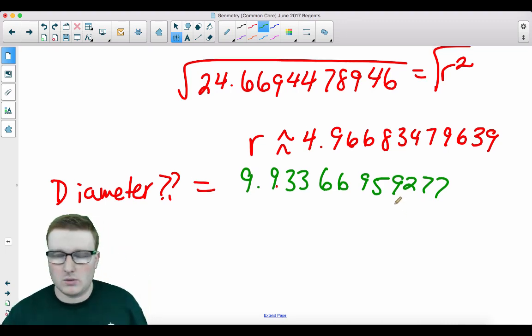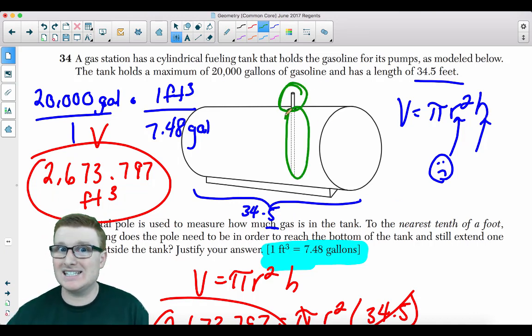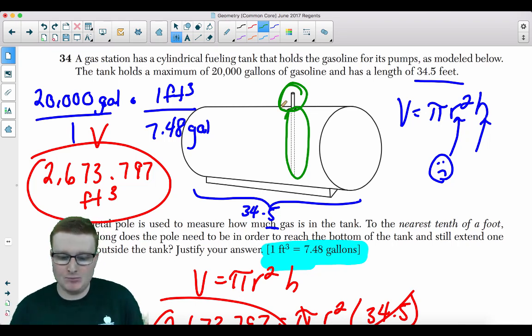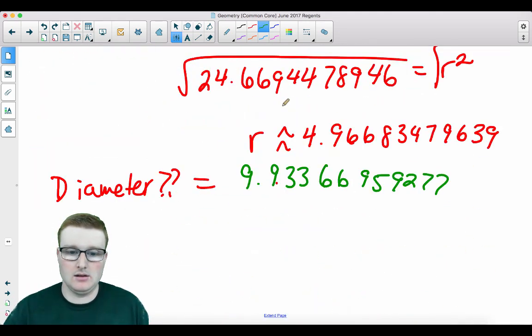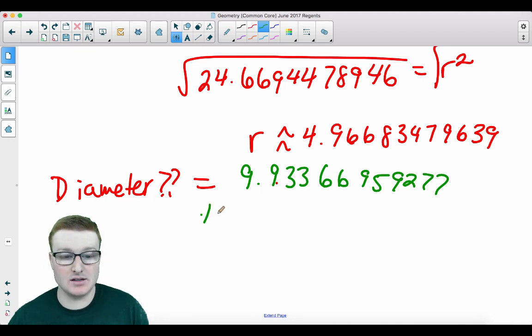Now, we're almost there. We're trying to find the length of the pole. We just found this piece that's inside the tank. Remember that there's a 1 foot extension, because if you drop it in without a foot extension, it's going to get stuck in the tank. You need something to pull it out with. So we just need to add 1 to that number.